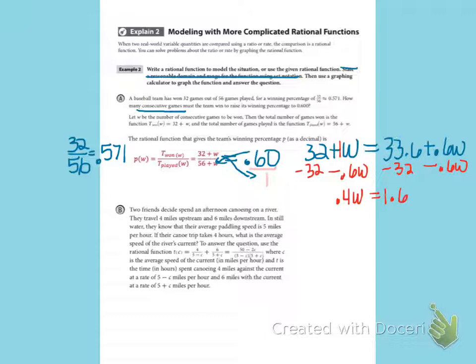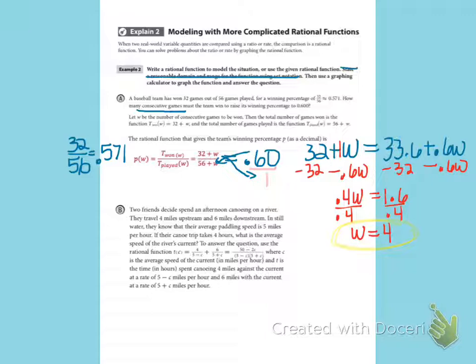And if I were to then divide both sides by 0.4, I would get W equals 4. So that means they would have to win 4 more consecutive games in order to raise their winning percentage to 0.60.